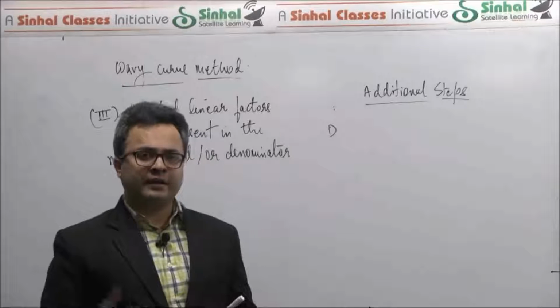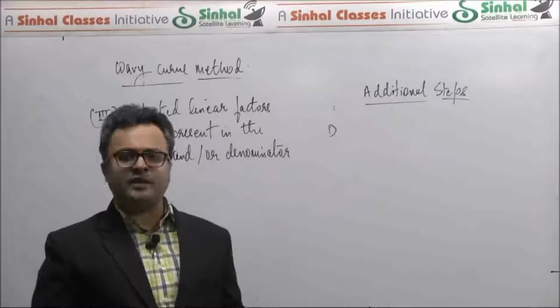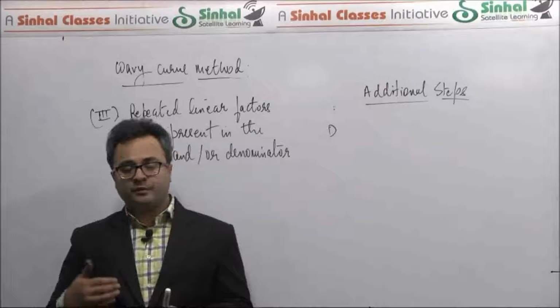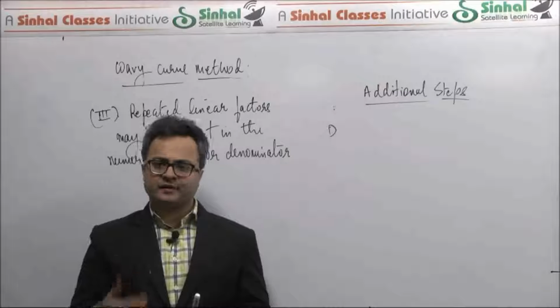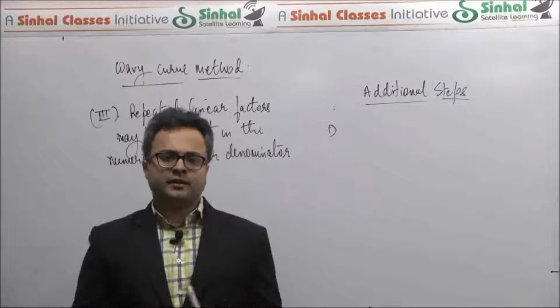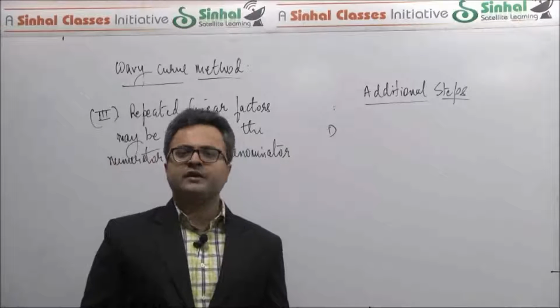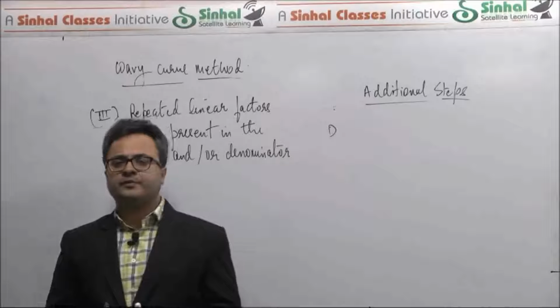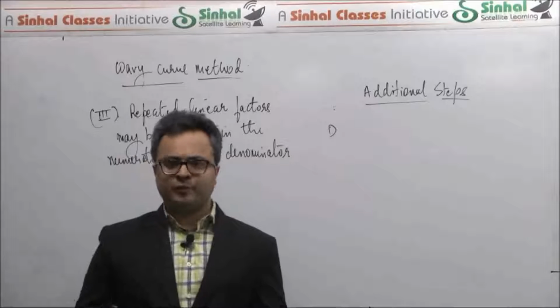And again, as we discussed, in our final solution set, critical points from the denominator must never be included. If it's a greater than equal to 0 or less than equal to 0 case, critical points from the numerator will also be included. If it's a strictly greater than 0 or strictly less than 0 case, critical points from the numerator will also have to be excluded.